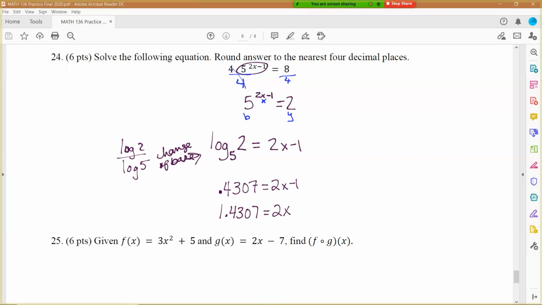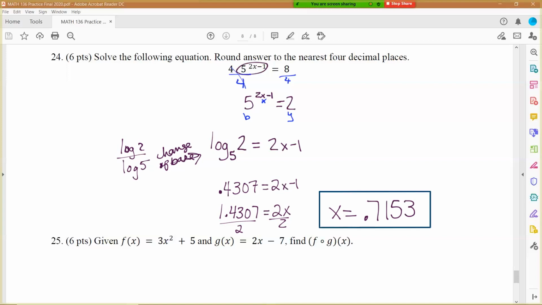Then divide by 2. And that is it. That is your final answer. X equals 0.7153. An ugly answer, but that's okay. Keep in mind, my instructions say round to 4 decimal places. You've got to keep 4 decimal places.